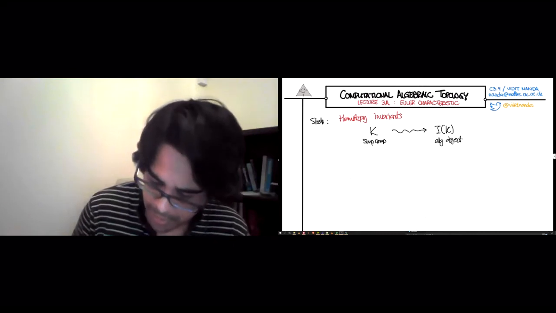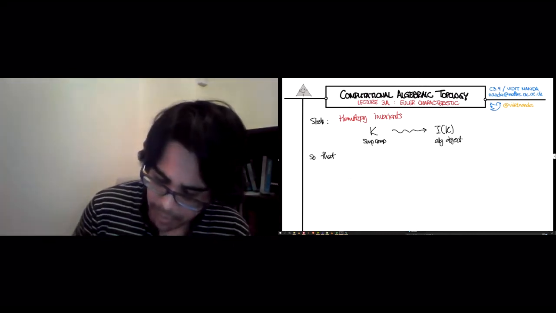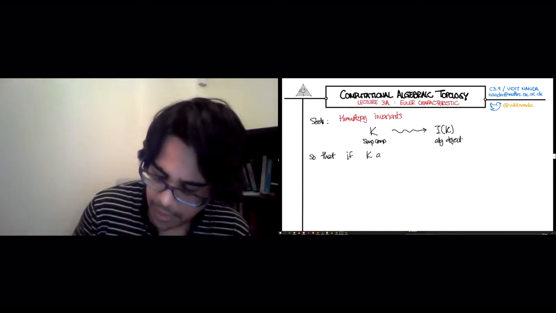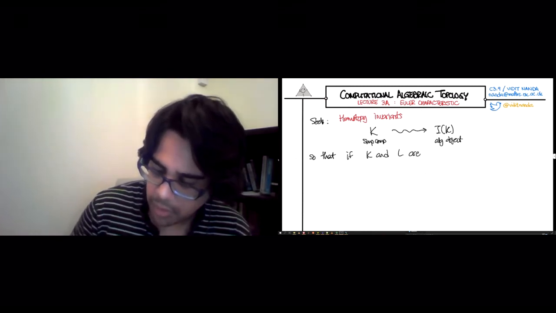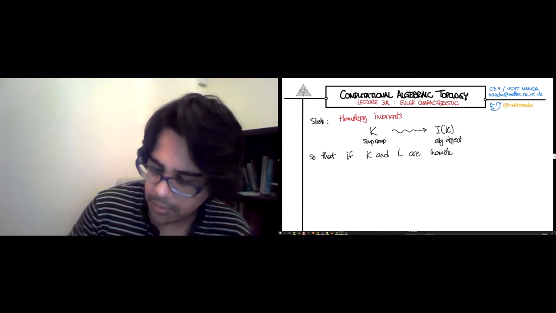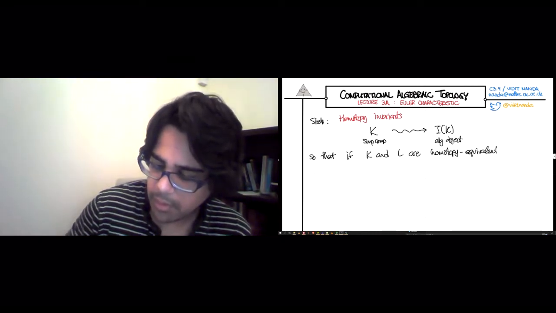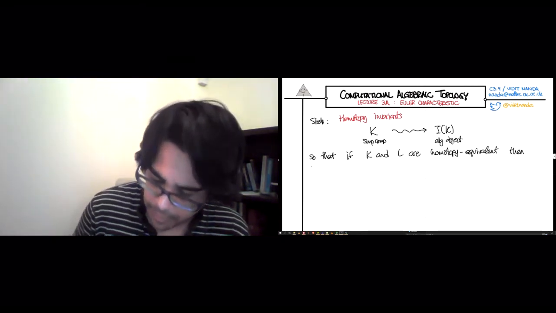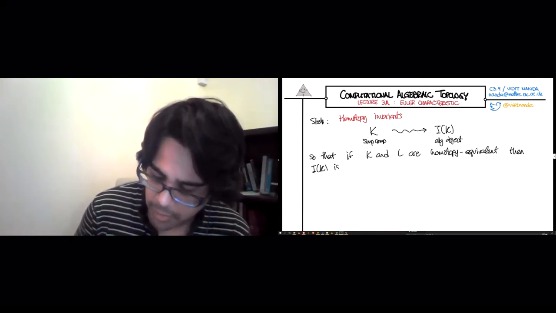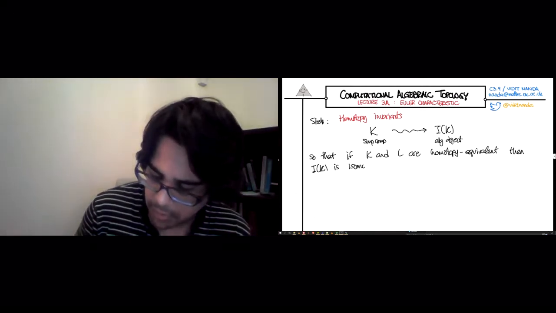The point is, if K and L are homotopy equivalent, then I of K is isomorphic to I of L.